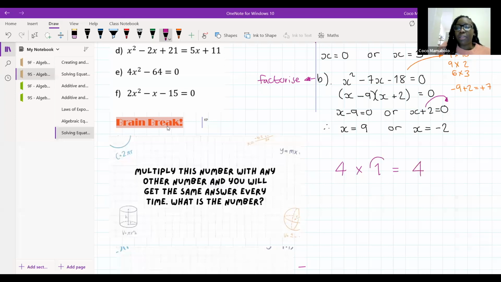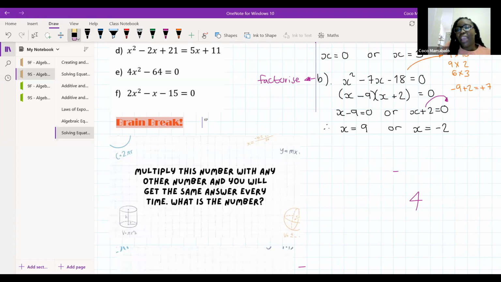So if I multiply every other number by 1, it needs to give me the answer 4. But what about 3 times 1? Is 3 times 1 going to give me 4? No, it's not. So it cannot be 1 because 1 doesn't give me the same answer every single time.